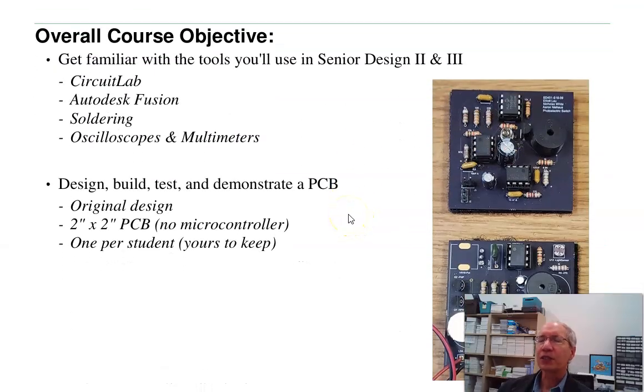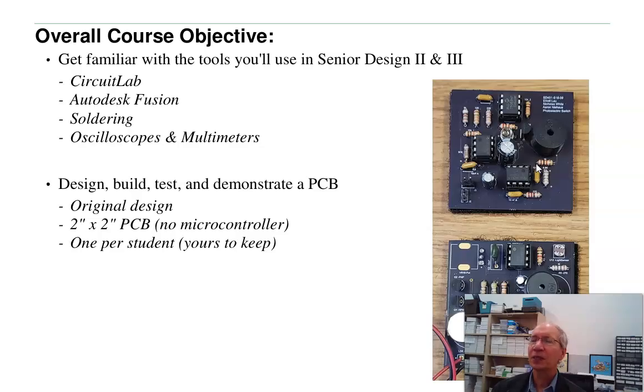The objective of the course is to have experience using the tools you're going to be using over the next in Design 2 and Design 3, specifically using Circuit Lab, Autodesk Fusion, soldering, using oscilloscopes and multimeters. And the objective at the end of the semester is to have a little 2-inch by 2-inch board that you designed yourself.